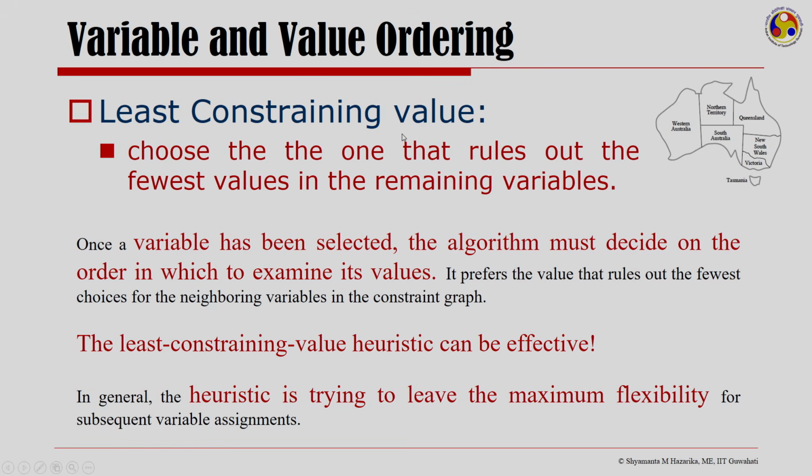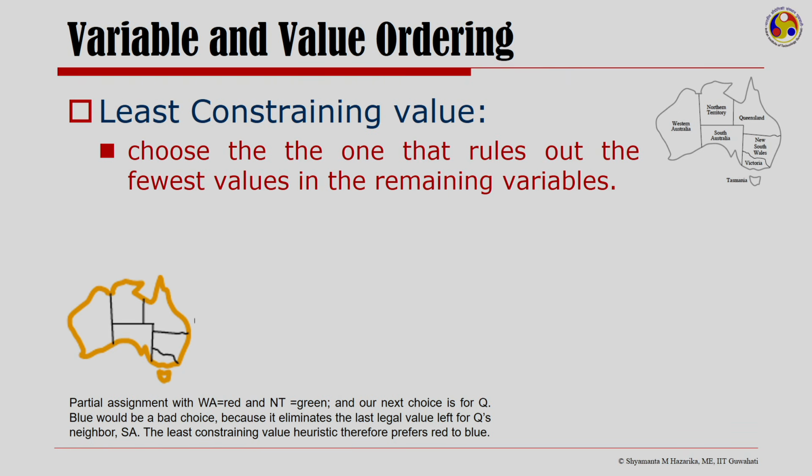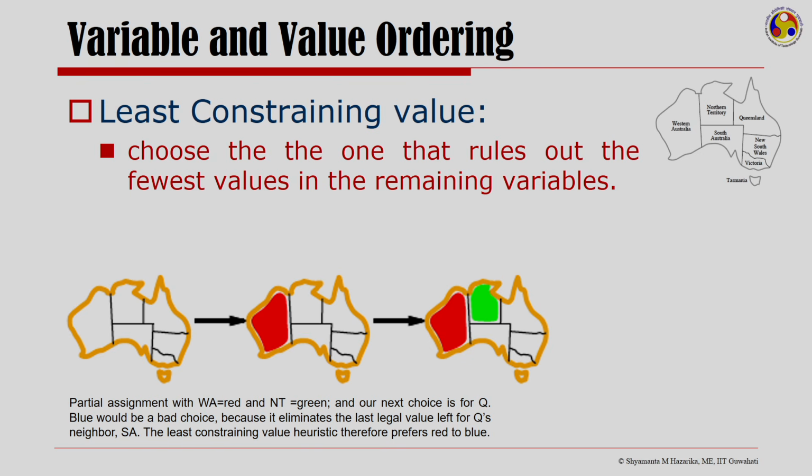The least constraining value heuristic allows us to choose the value that rules out the fewest values in the remaining variables. Coming back to our map coloring example, let us see that after a partial assignment of red and green to WA and NT respectively, what is our choice for Q?